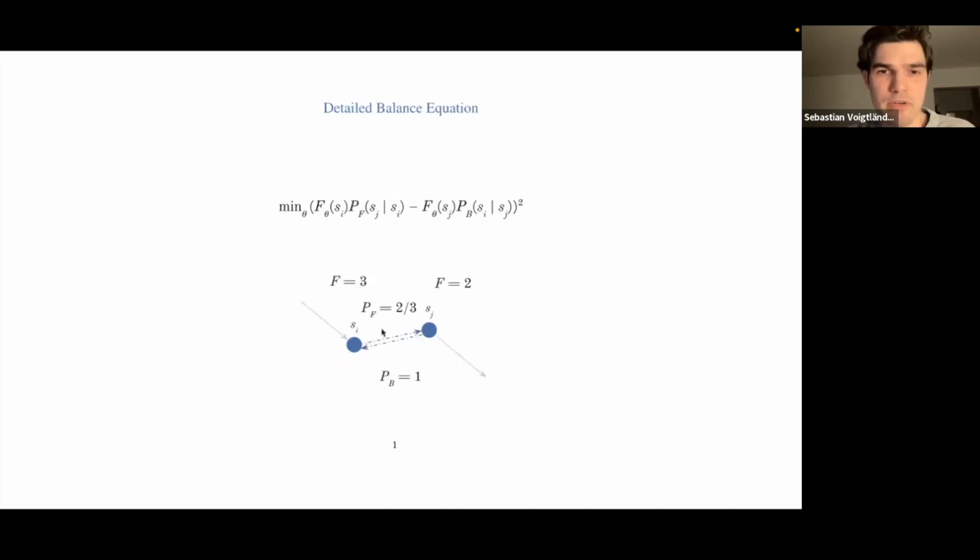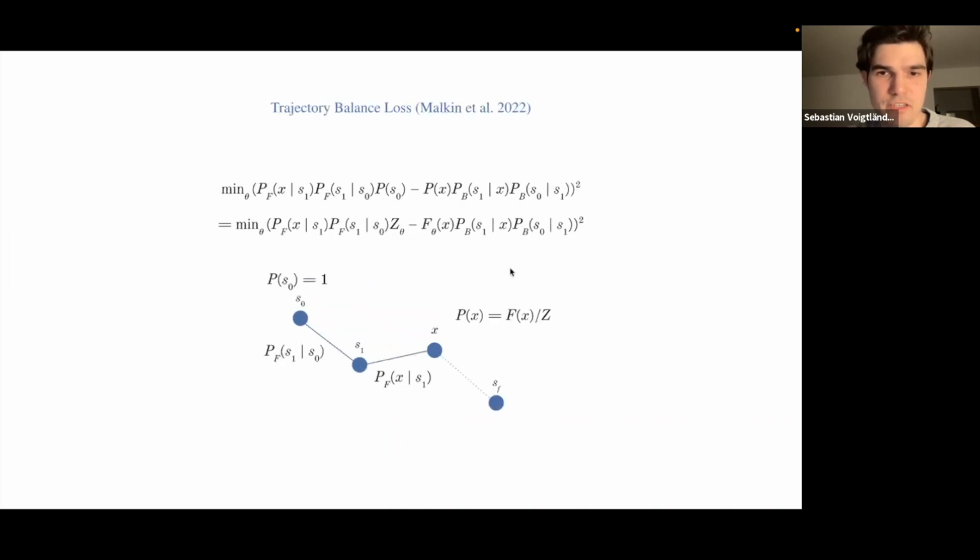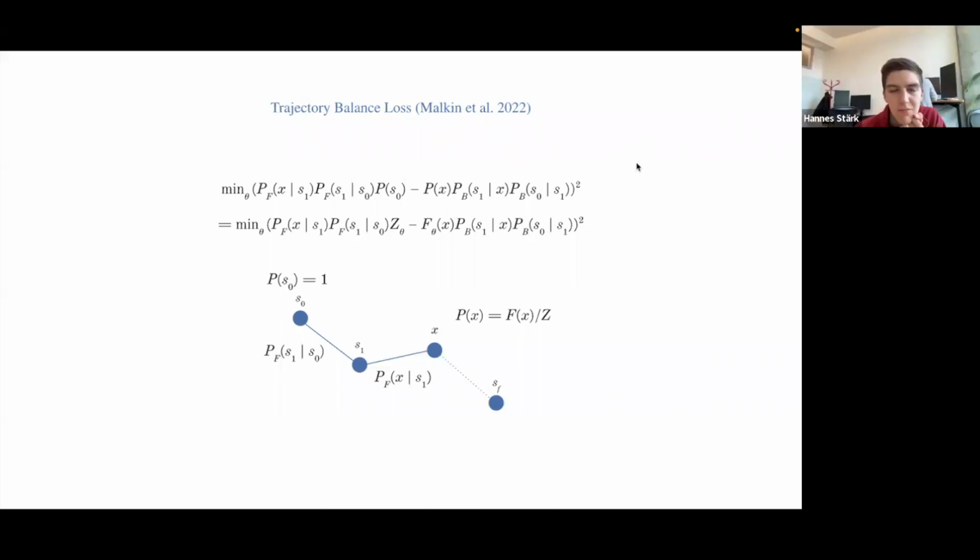So you want to focus on relations between pairs of nodes or full trajectories that you take. And I think the standard loss that I have seen used most often is this one, but I'm not entirely sure.